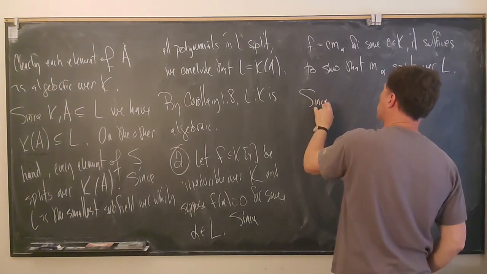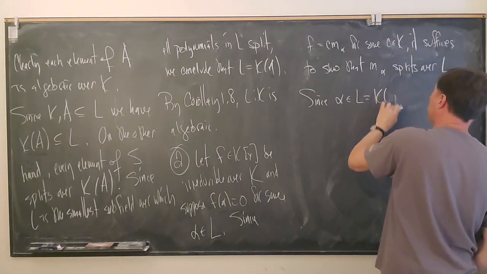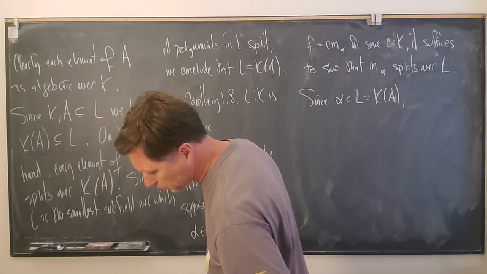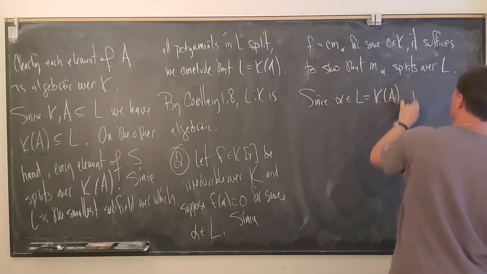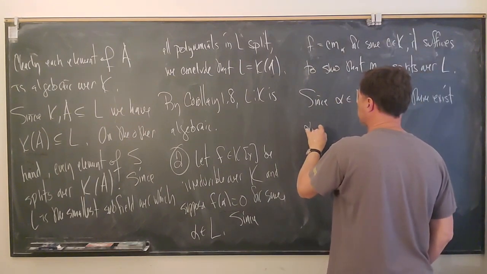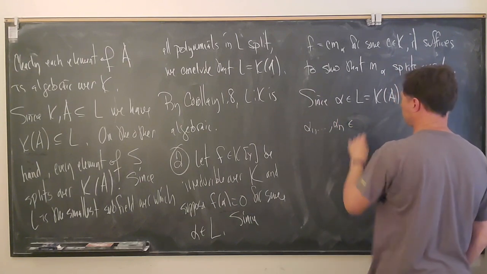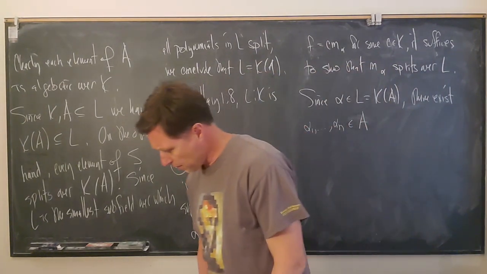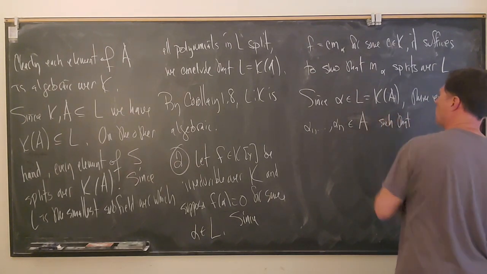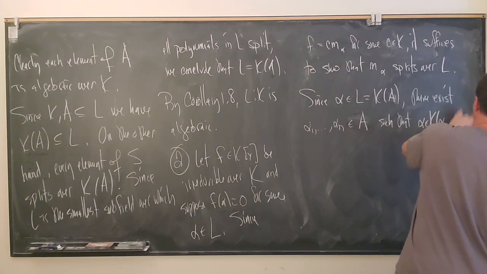Now, since alpha is in L, which equals K adjoin capital A, there exist, let's call them alpha 1 up through alpha n, in A such that alpha is an element of K adjoin alpha 1 up through alpha n.